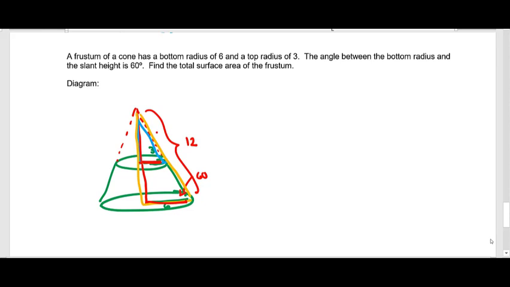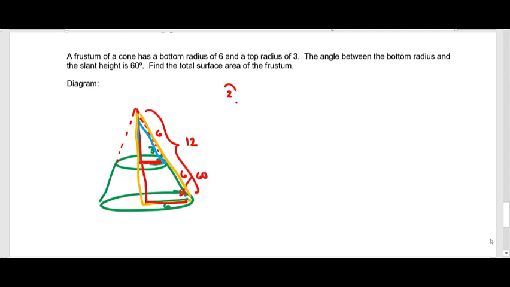So that means that this has to be in that same ratio. This is going to be 6, and the entire slant height is going to be 12. So this is also going to be 6 right there. And if I wanted to, I can go ahead and set up proportions and find those lengths. And I think those are the pieces that I need to go ahead and find the various lateral areas.